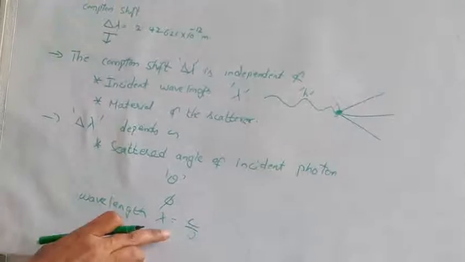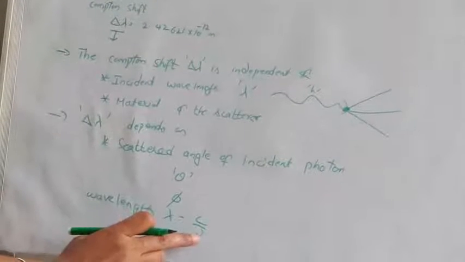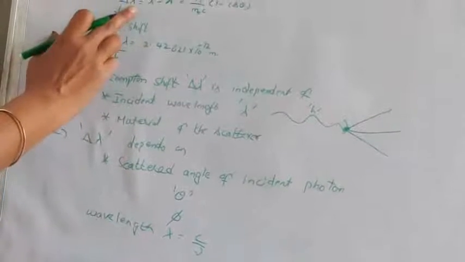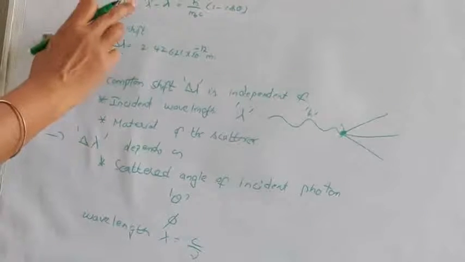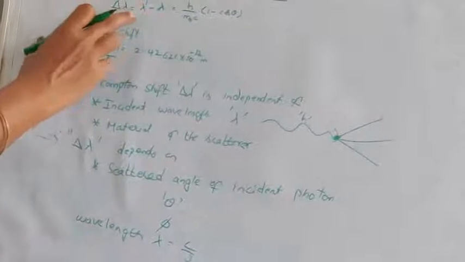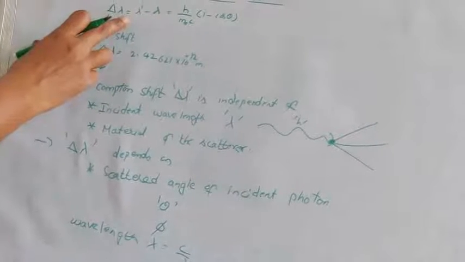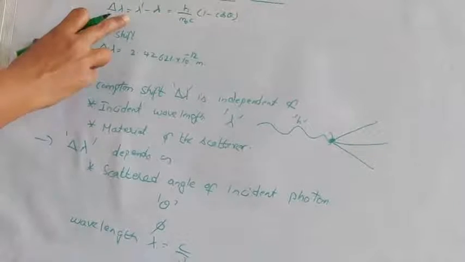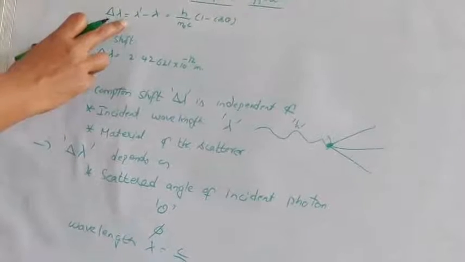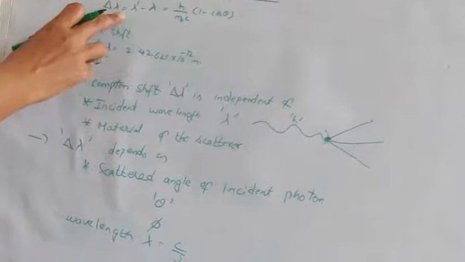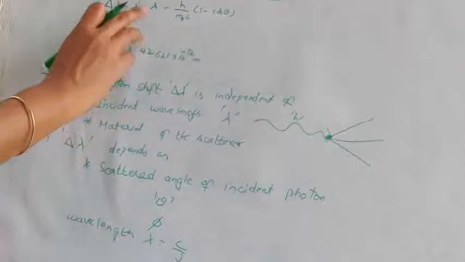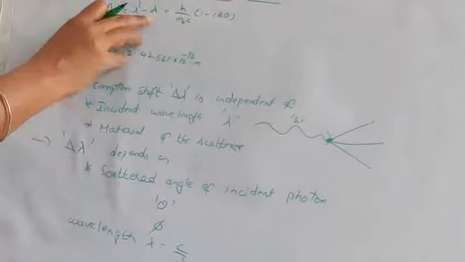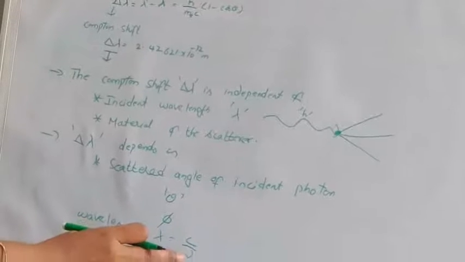I am going to substitute lambda is equal to c by nu in the Compton shift. So delta lambda is equal to lambda dash minus lambda. How can you write lambda dash? C by nu dash, minus lambda value c by nu.